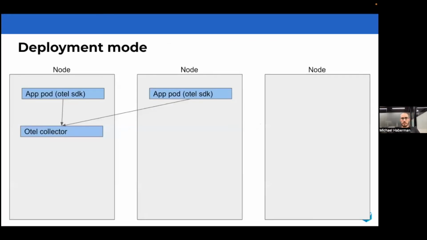So the deployment mode, which is arguably the simplest, easiest deployment that you can work with. That means that if your cluster consists of 3 different nodes and you're spinning up the deployment mode and you have only one replica, only one node is going to get the OpenTelemetry Collector, meaning different application pods will need to communicate through different nodes.